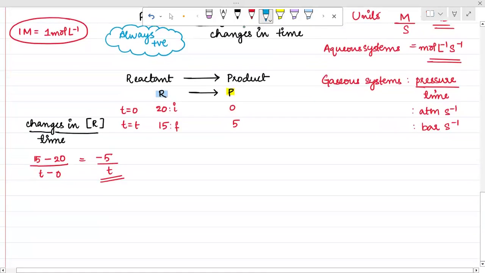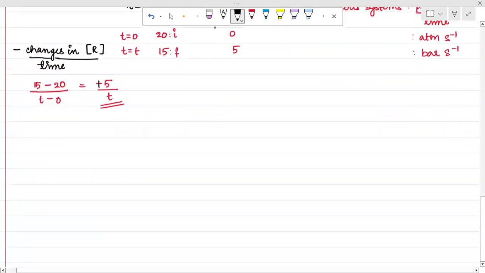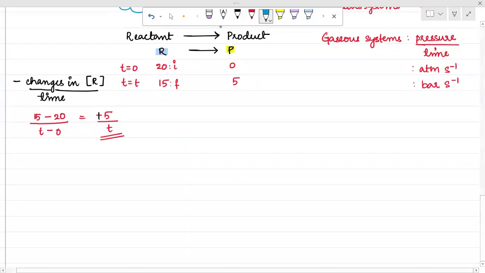But see, what you have got now is a quantity which is negative. So in order to make it positive, you put a minus over here such that the resultant rate becomes positive. Minus of minus is positive. Okay? So when you express the rate of the reaction with respect to the reactant, you will have a negative sign over here in order to make the rate positive.